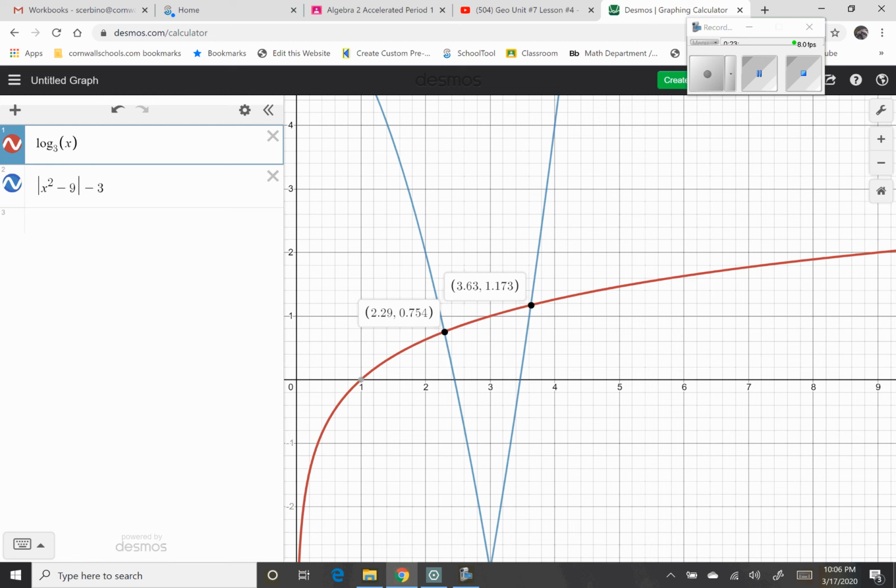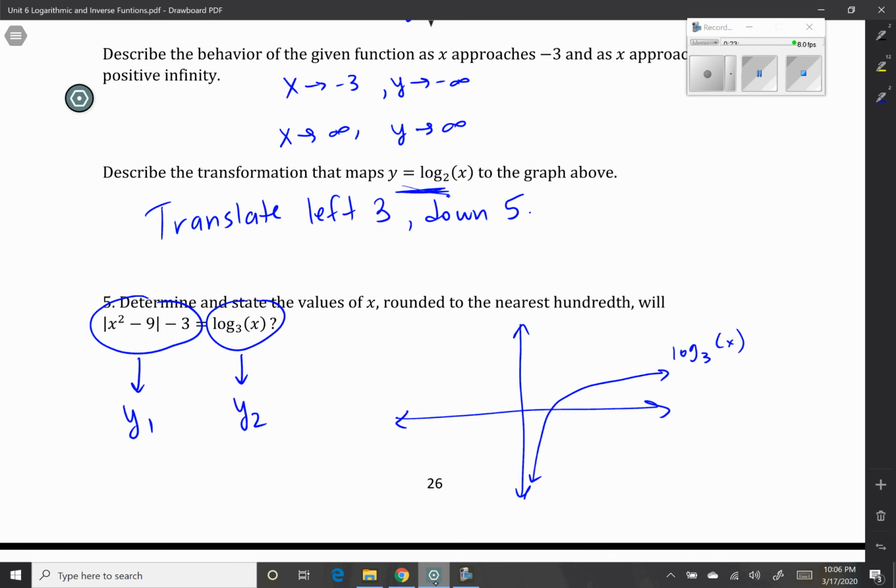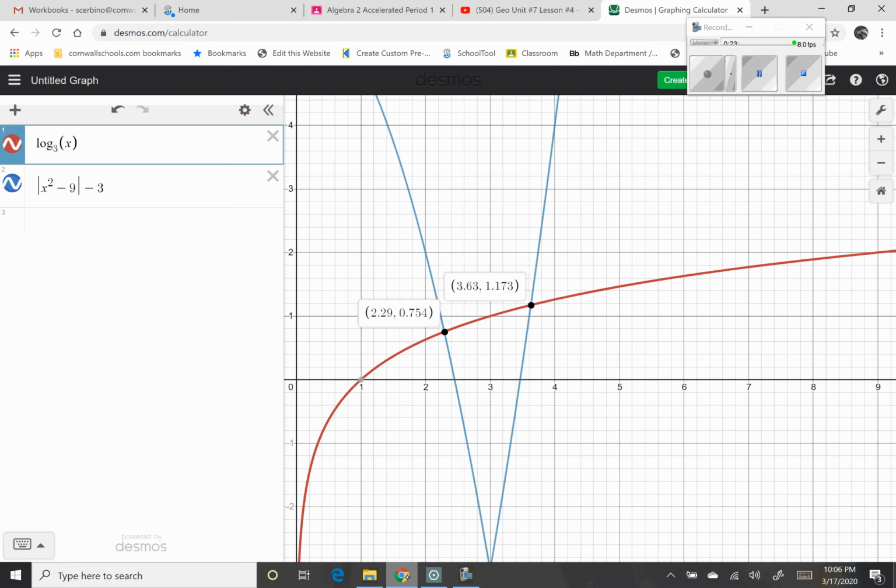Now it does say nearest hundredth, so we could graph this and say we have 2.29. That's one x value. So we have this weird graph that comes down in 2 different ways like that. But we're looking at these 2 points. Those are the intersection points. So we could say x equals the 2 points of 2.29 and 3.63.